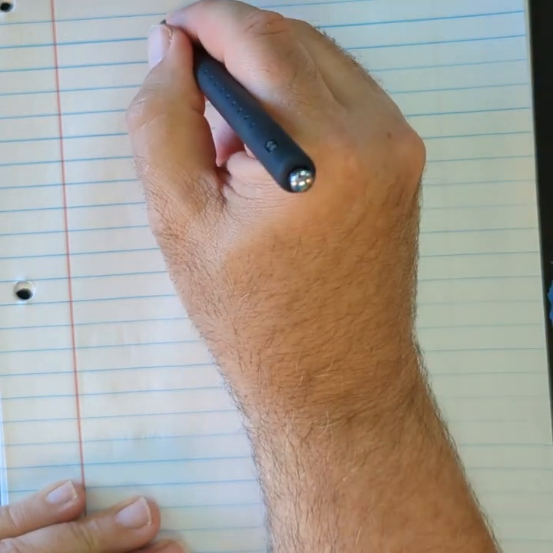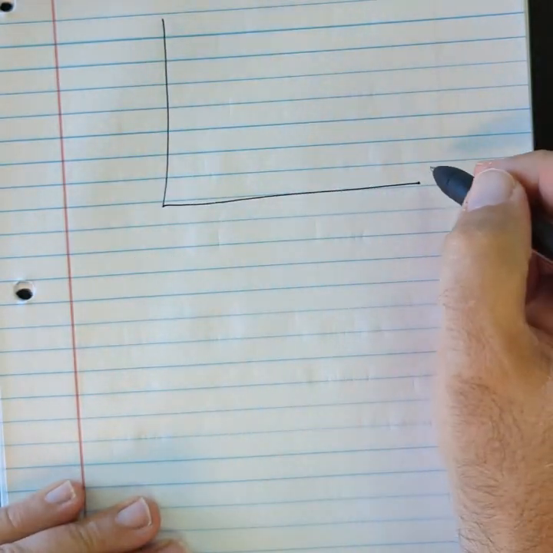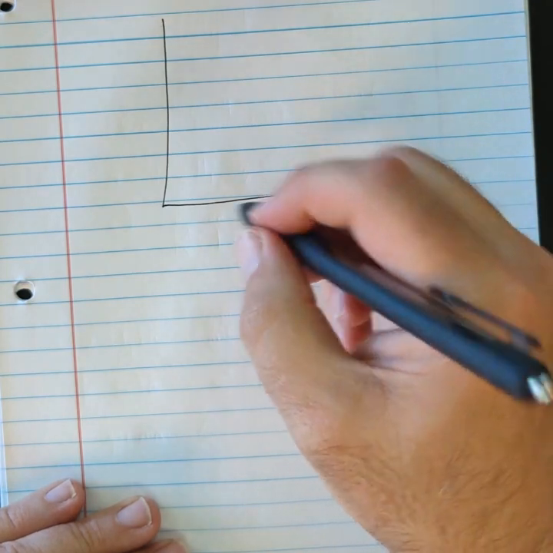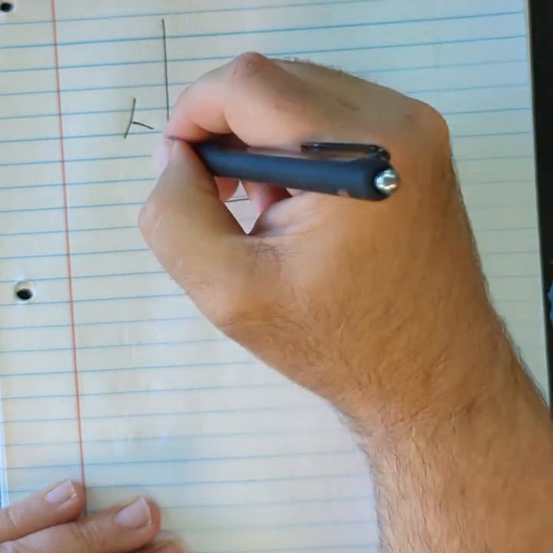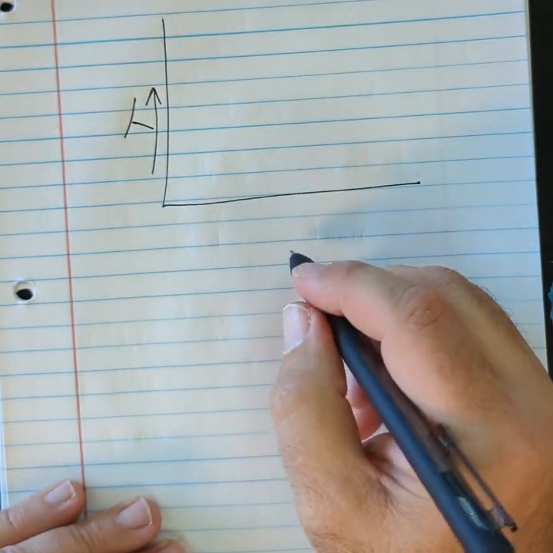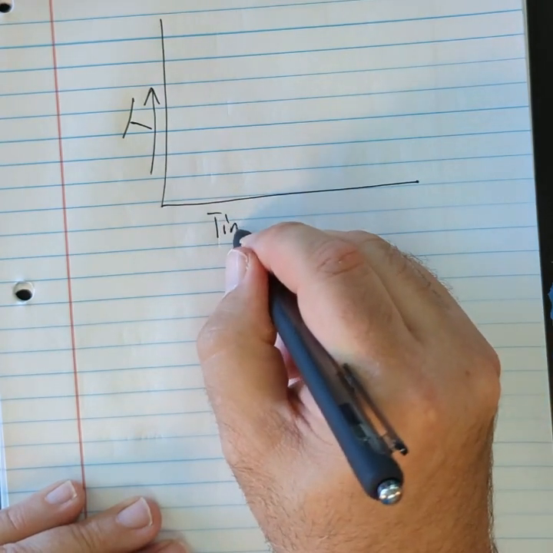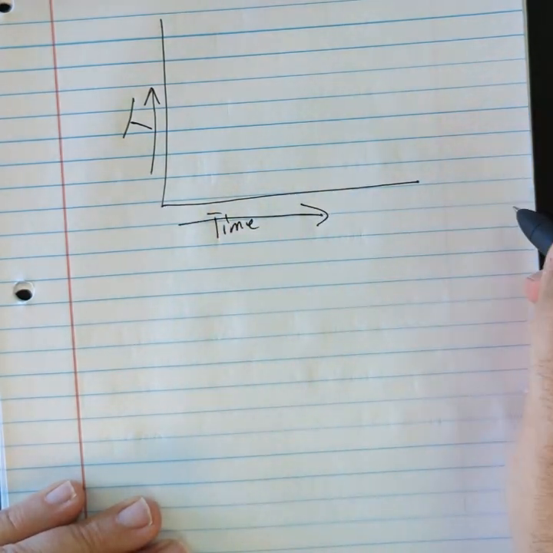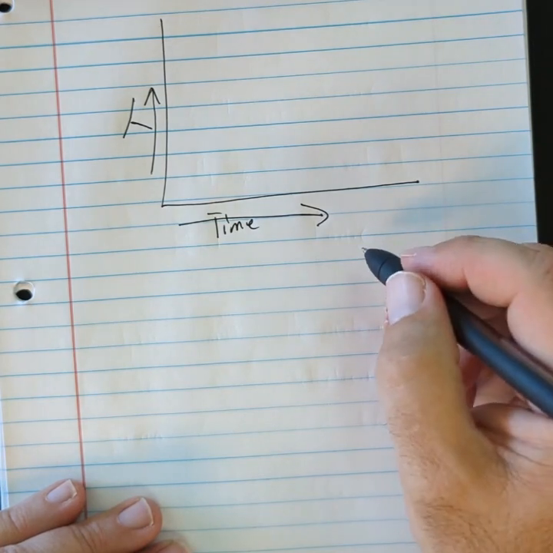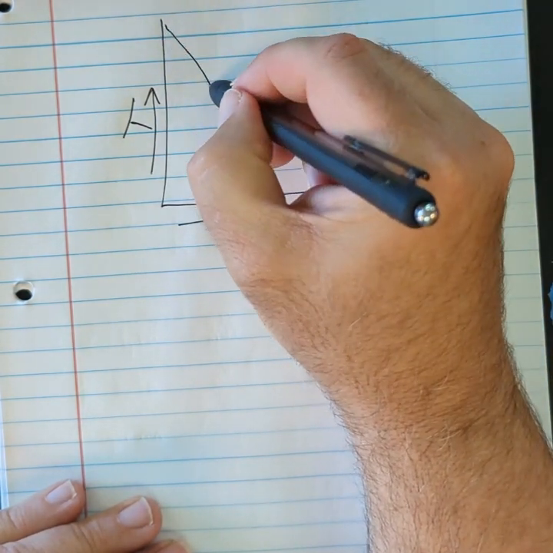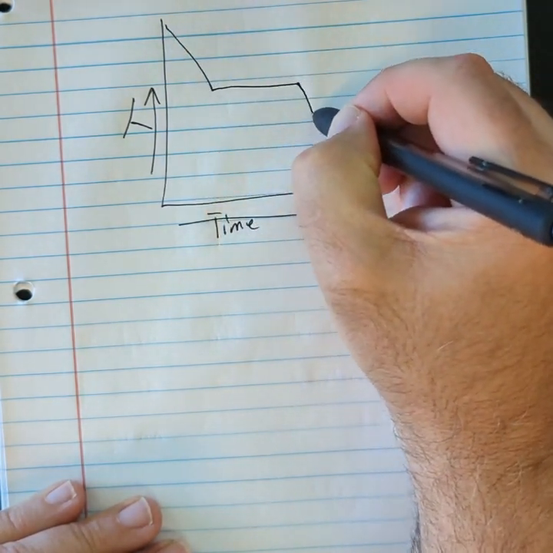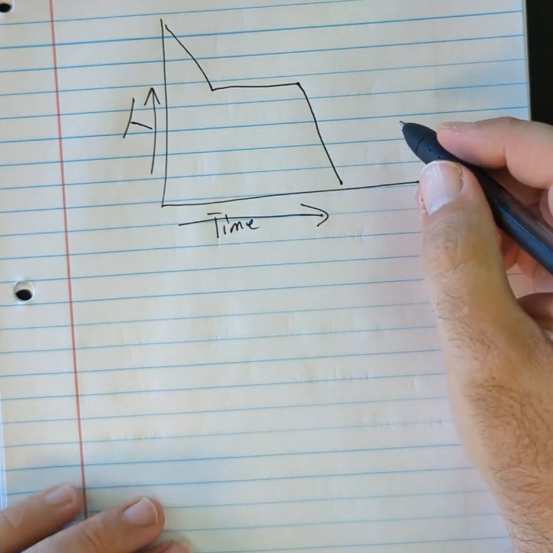All right. So let's say you have a graph. The graph looks like this. And you have temperature on this side and it's going up, and you have time on this side going that way. And you look at the graph and it looks like this.